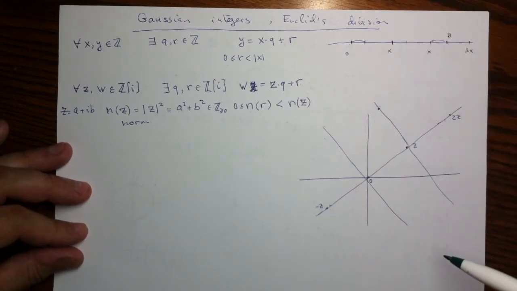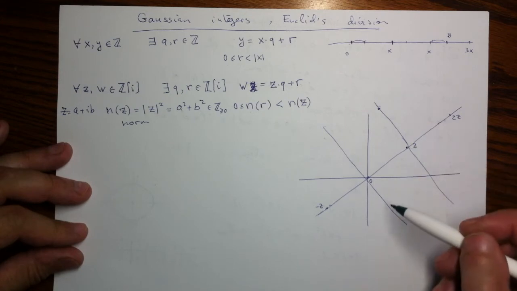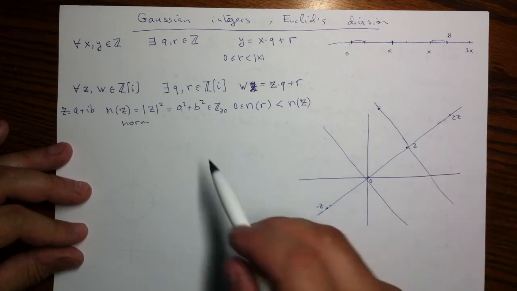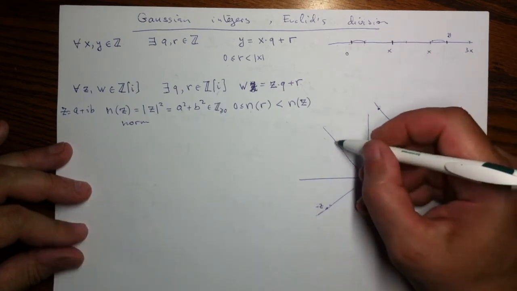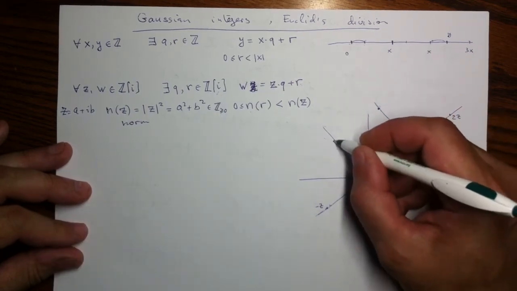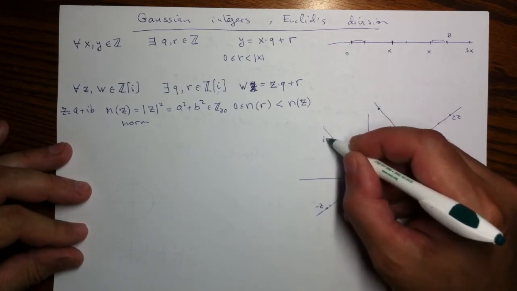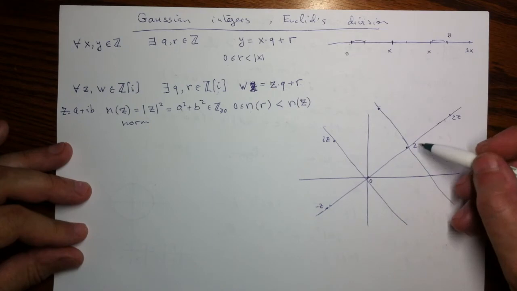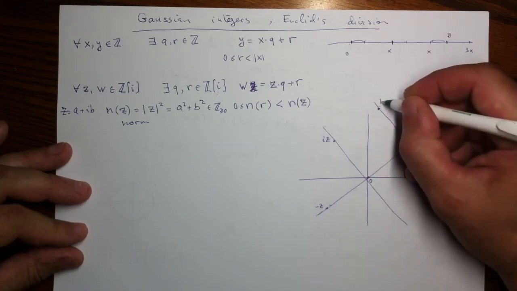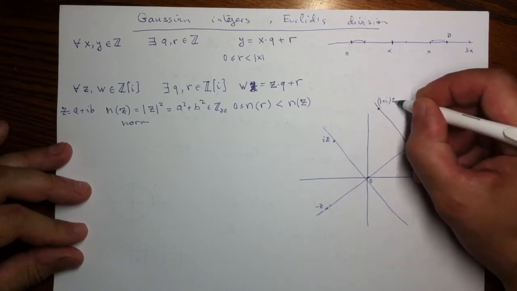So if I take my z and multiply by the basic Gaussian integer i, I will end up in here. So that will be the place for i times z. That will be the place for the sum of i z and z, so there will be the place for 1 plus i copies of z.